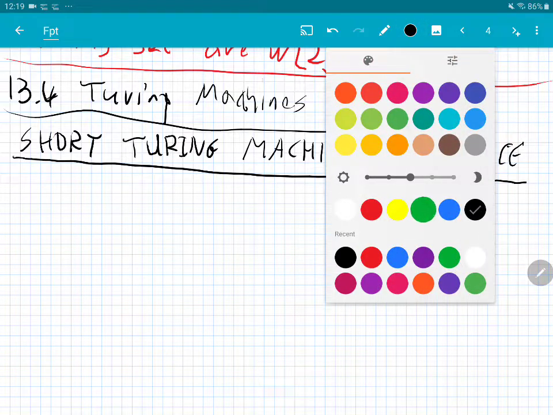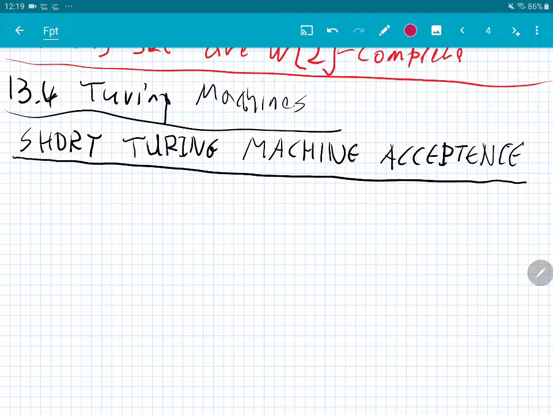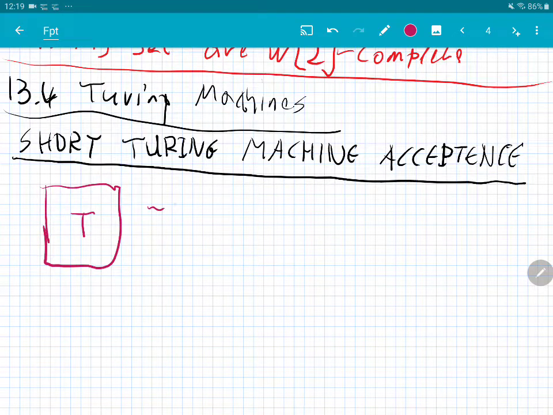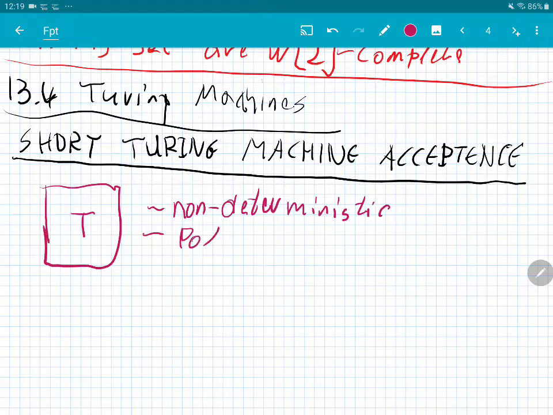I'm going to give you a Turing machine, and by the way, I'm going to do everything very hand-wavy because life is too short. So I'm going to give you a Turing machine. It's going to be non-deterministic. But of course it has to have polynomial size.